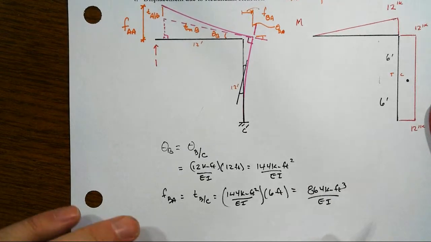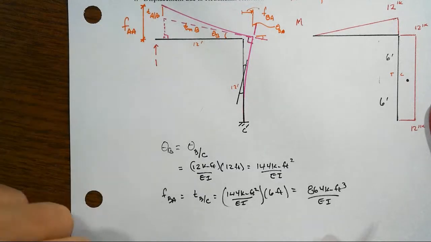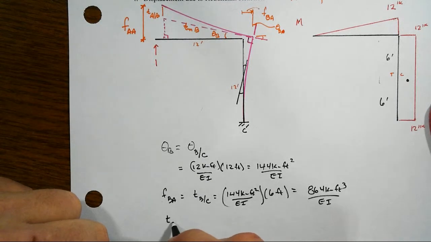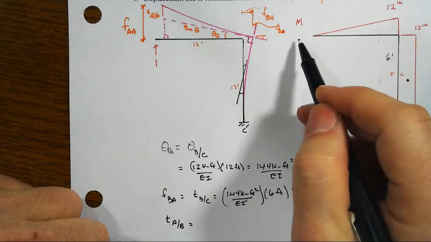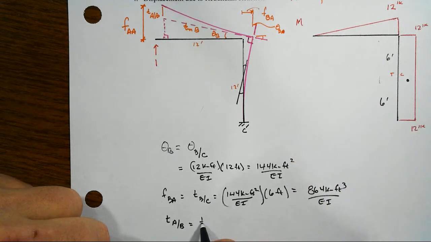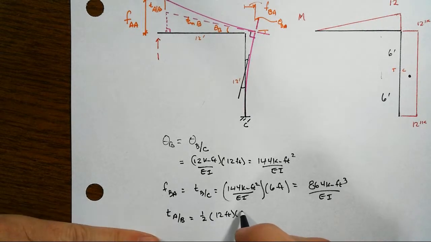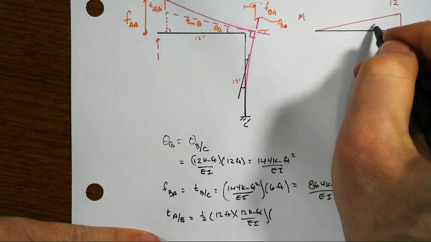We're also going to need to get the tangential deviation at A with respect to B. That's going to be the first moment of this area up here between the two points. So that's 1/2 of a base of 12 feet times a height of 12 foot-kips, over EI, times a moment arm.